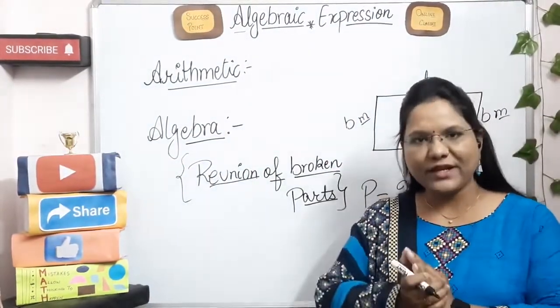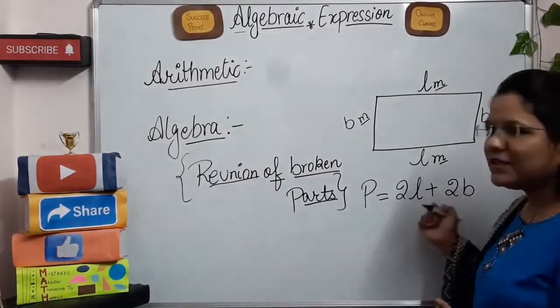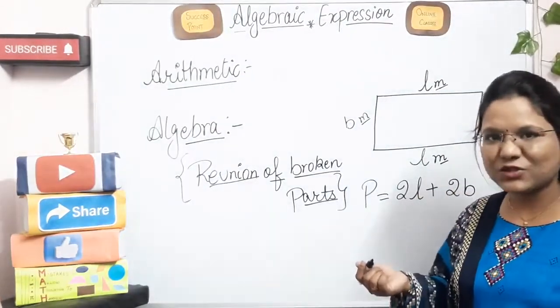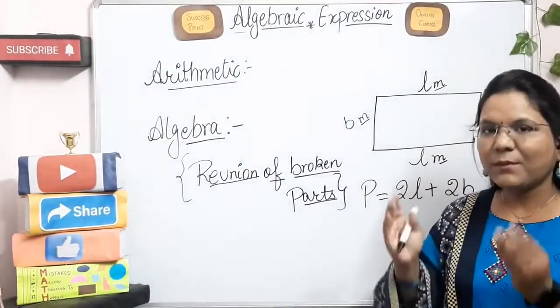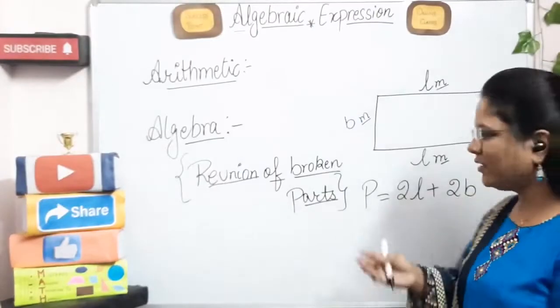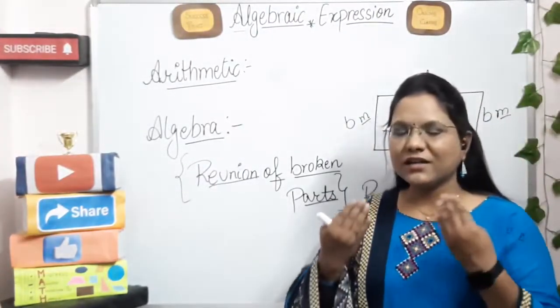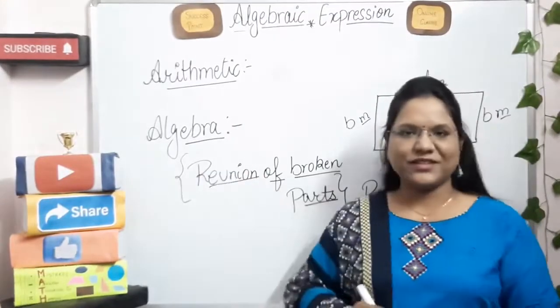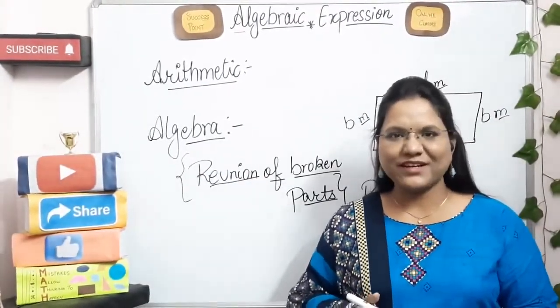If we join them together, like 2 times L plus 2 times B, we have 2 times length and 2 times breadth. But if we join them together, we will get a perimeter. So all these concepts are in algebra. Now I think you are familiar with algebra.